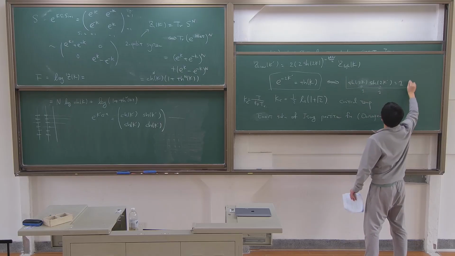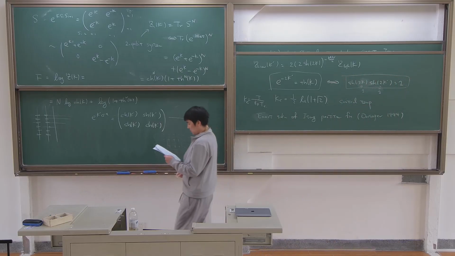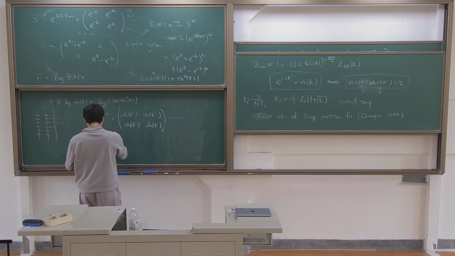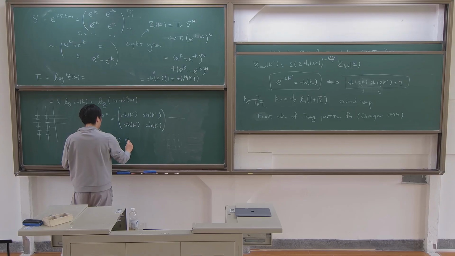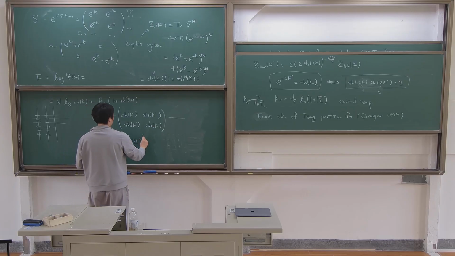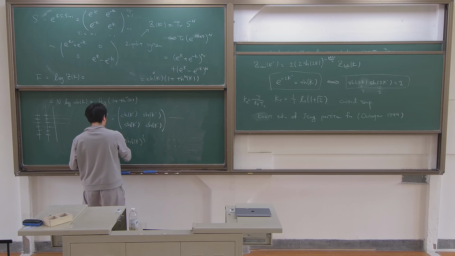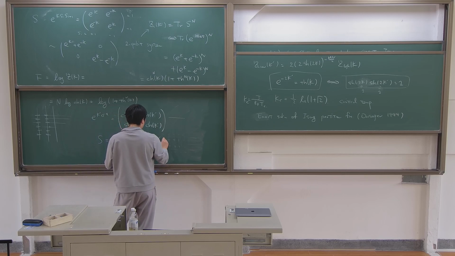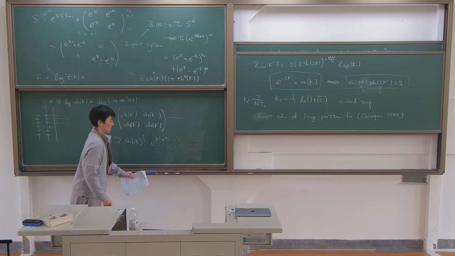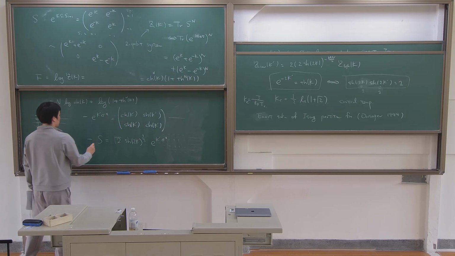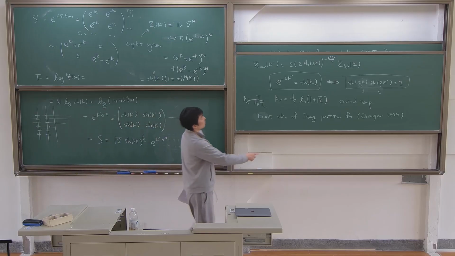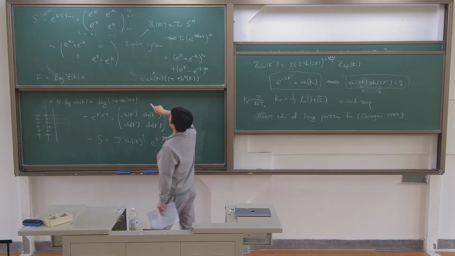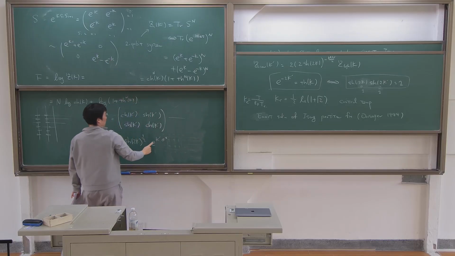If you use this relation, this can be understood as follows: S can be written as 2 times sinh 2k, and e to the k prime sigma. So if you use this relation, one can easily derive that this matrix can be written in terms of this.